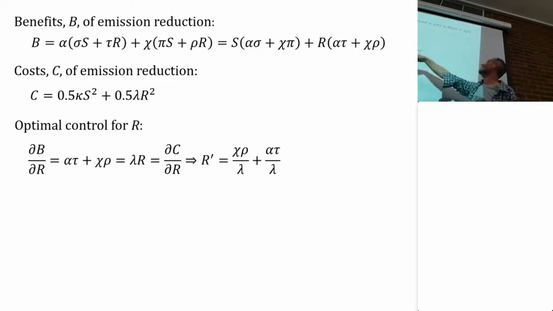I mean, it's an awkward equation, but it is linear, right? So that is alpha tau plus chi rho. And that means that our optimal emission reduction, R prime, is this term divided by lambda, so that is chi rho over lambda plus alpha tau over lambda.